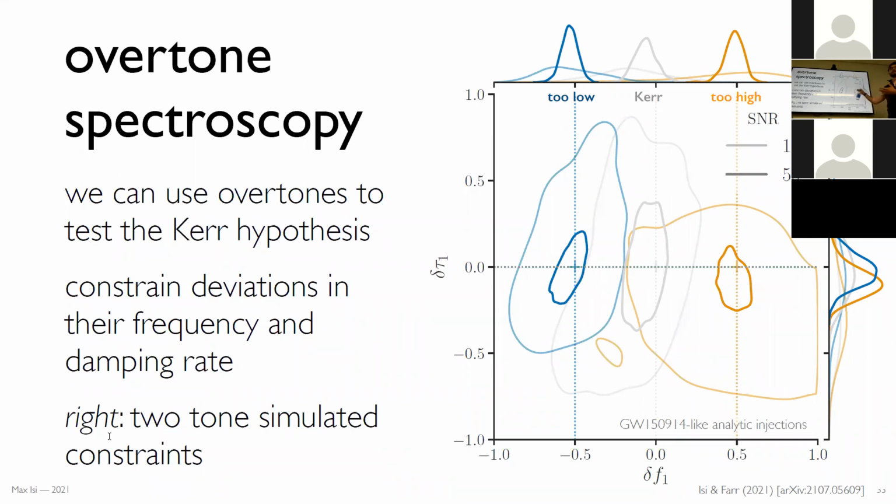GW150914 had an SNR in the ringdown of at most 13 or so, from the peak on, so it's way too low for any of these things to matter. Eventually it will matter, and it will be a technical problem once we have hundreds of modes that come into play, how we actually do that smartly.